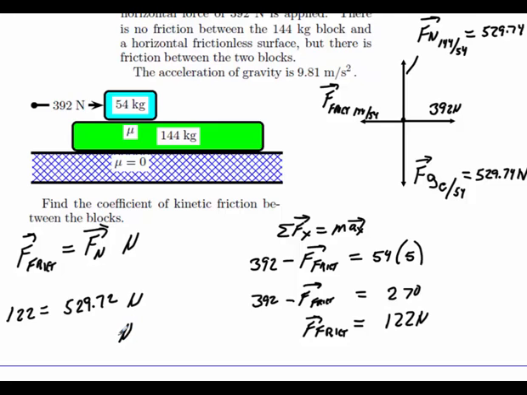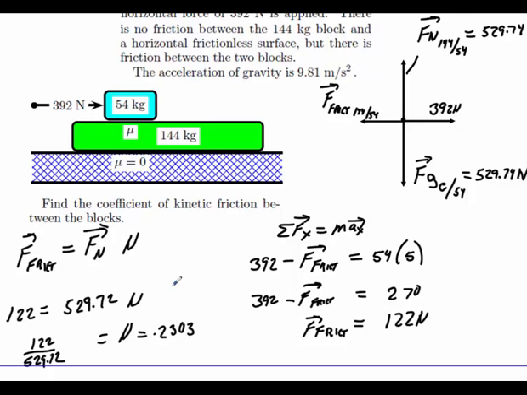So mu would equal 122 divided by 529.72. Do that real quick. That gives you a value of about 0.2303. Alright, that's how you get the frictional force there.